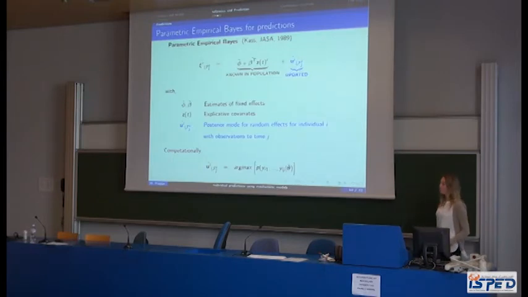So this is possible. It was developed on the empirical Bayes estimate of the parameters that allows us to do that. And basically, the individual parameter will be the sum of fixed effects that were previously estimated on the population. And then we have to update the random effects for the specific patient by taking the posterior mode of the random effect, knowing the information till time j.